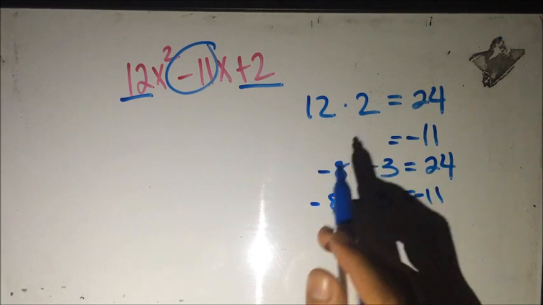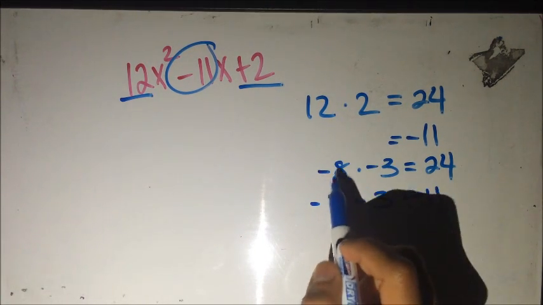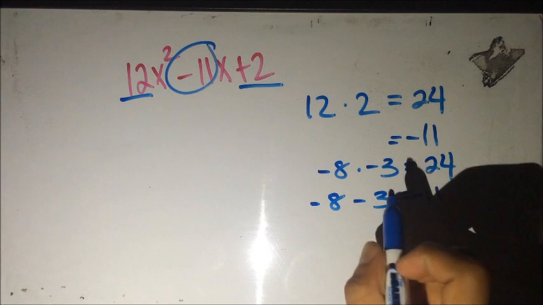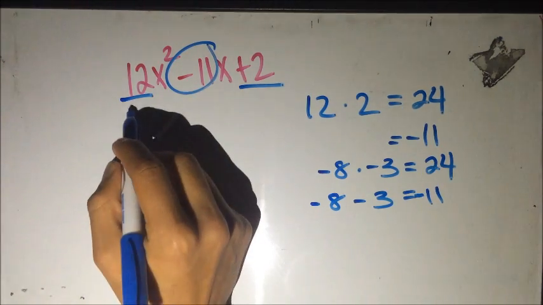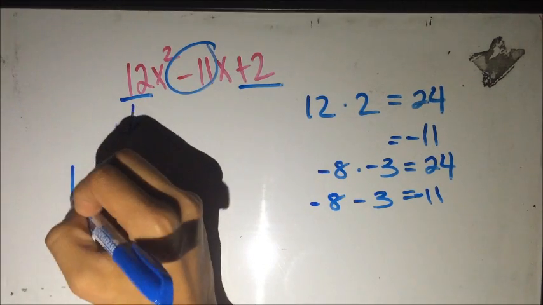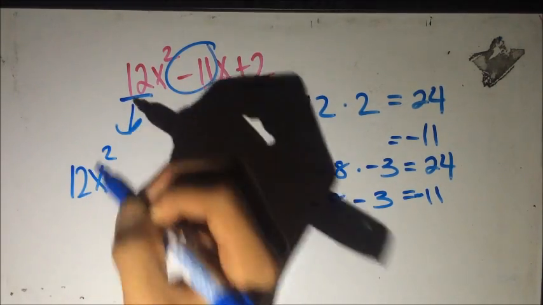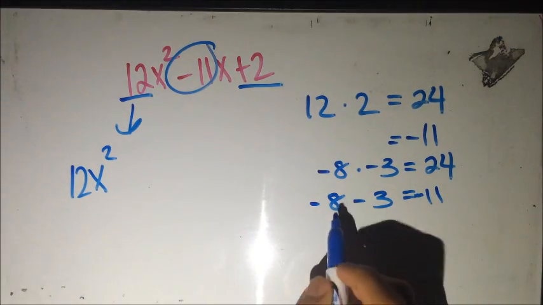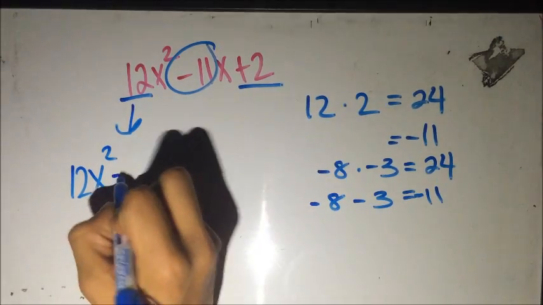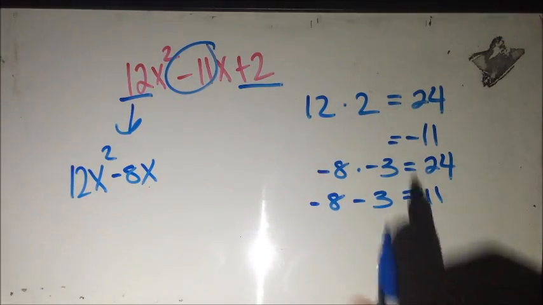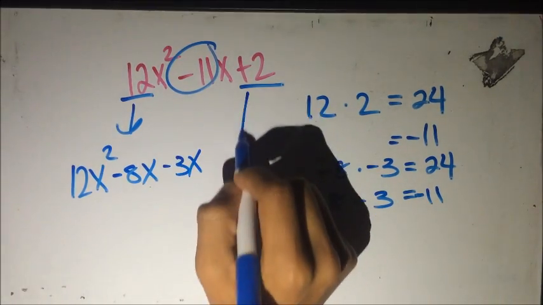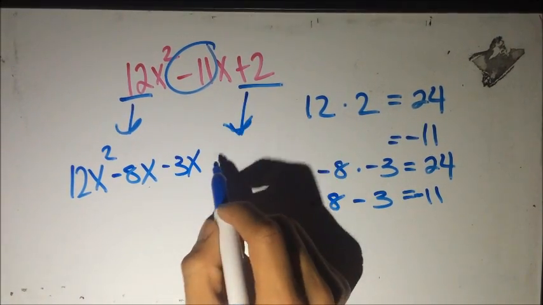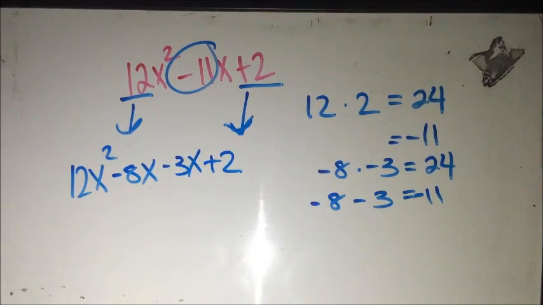So we found our factors, which are negative 8 and negative 3. So remember, we pull down 12x squared, and we put in our first factor, which is negative 8x, and our second factor, negative 3x, and we bring down the 2, plus 2.